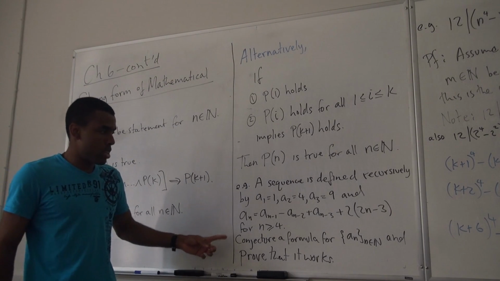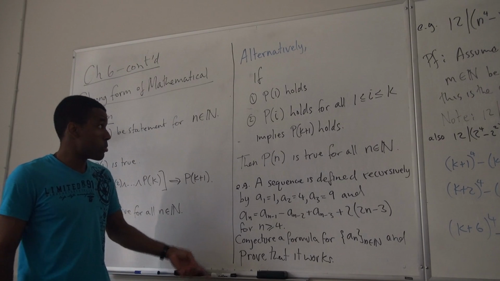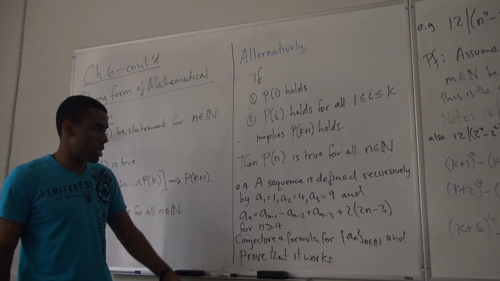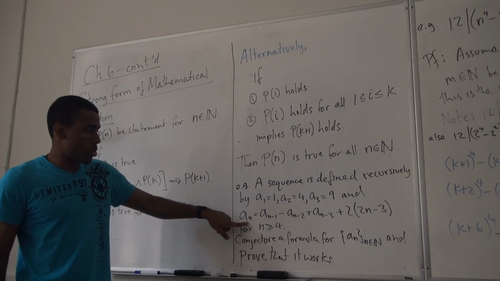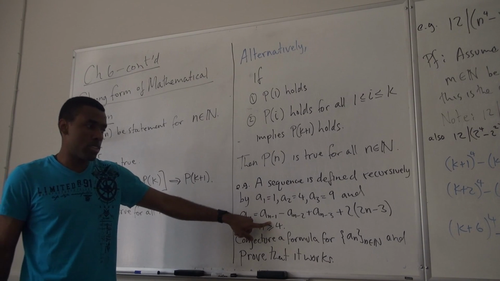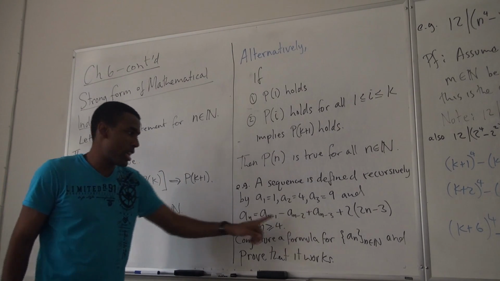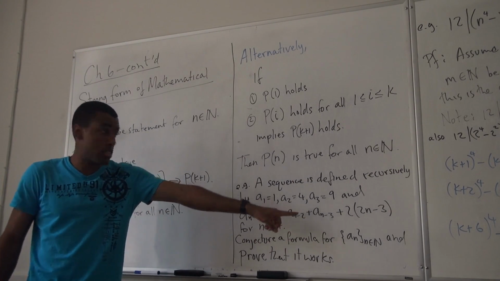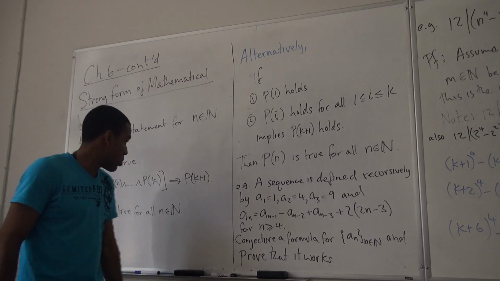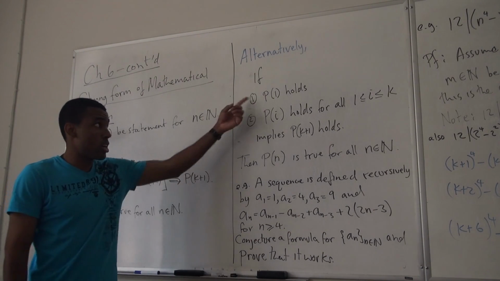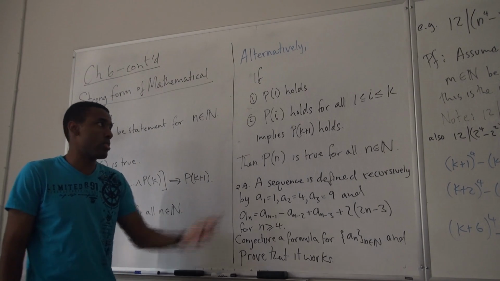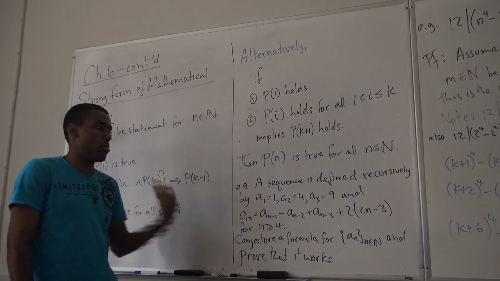You can actually prove it by induction. There are other ways, but you'd use strong form induction if you're using induction. You'll notice that for this term, to figure out what that term is, you actually need to know what the previous term is, and what the guy before that is, and what the guy before that is, right? You'll actually need 3 steps into the past, not just 1. So to prove this by induction, it's not good enough to just prove the base case, because at best you can just prove the guy that came before.